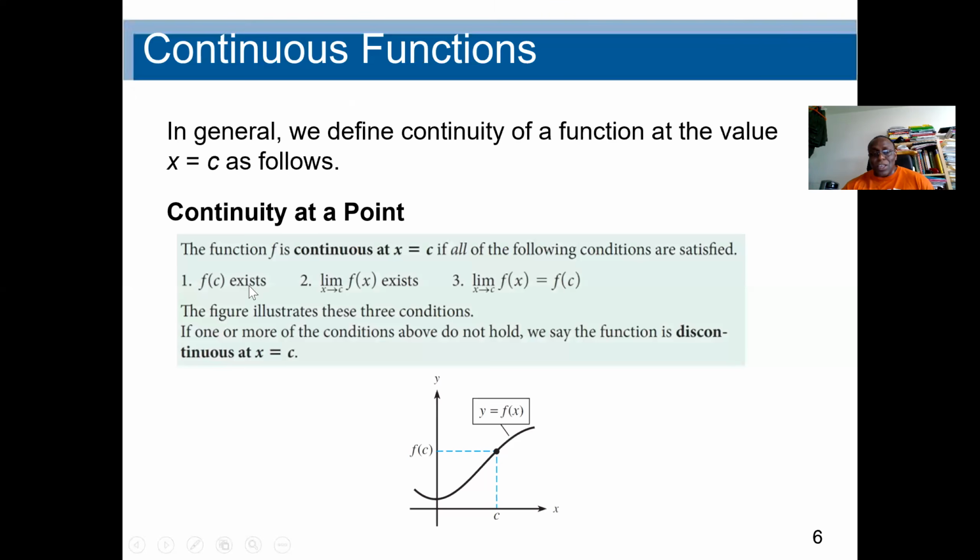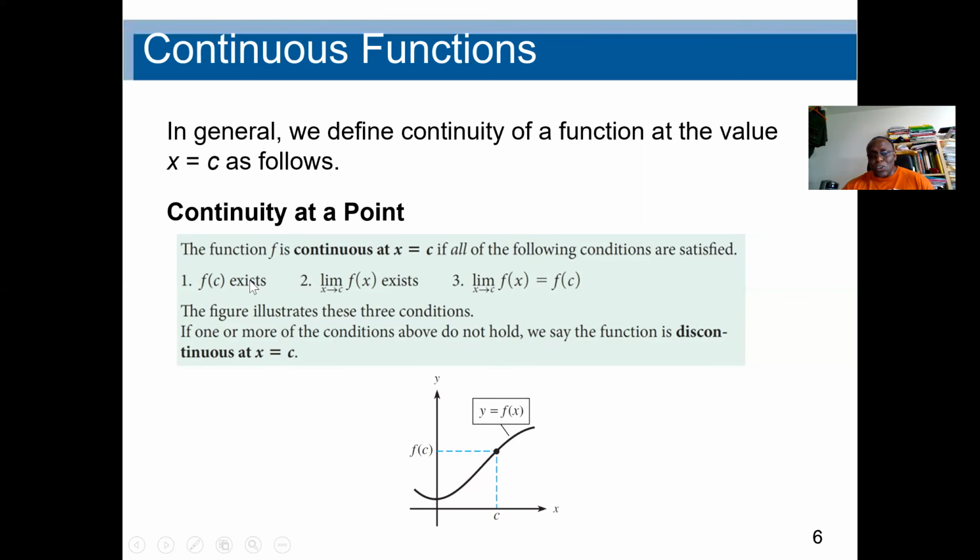For example, if I have the limit as x approaches c of f(x), if there's a solution, that means it exists. Sometimes there will be no solution, which means it does not exist. Second, the limit as x approaches c of f(x) exists, as I said earlier. Third, the limit of f(x) as x approaches c equals f(c).